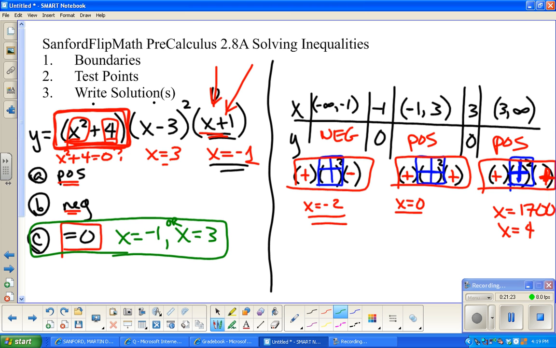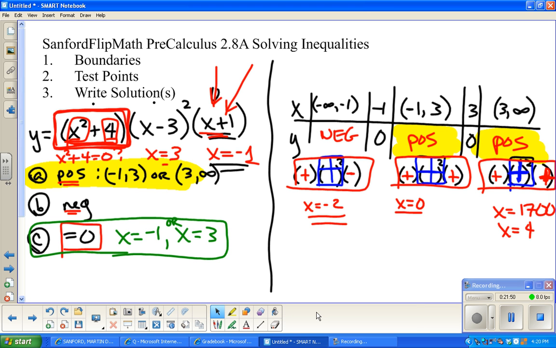And then positive, well, it's positive. Let's do a little highlighting so we can see what we're talking about. Positive here and positive here. So I'm going to do that in a color-coordinated fashion. Isn't that clever? So it's positive from -1 to 3 or from 3 to infinity.